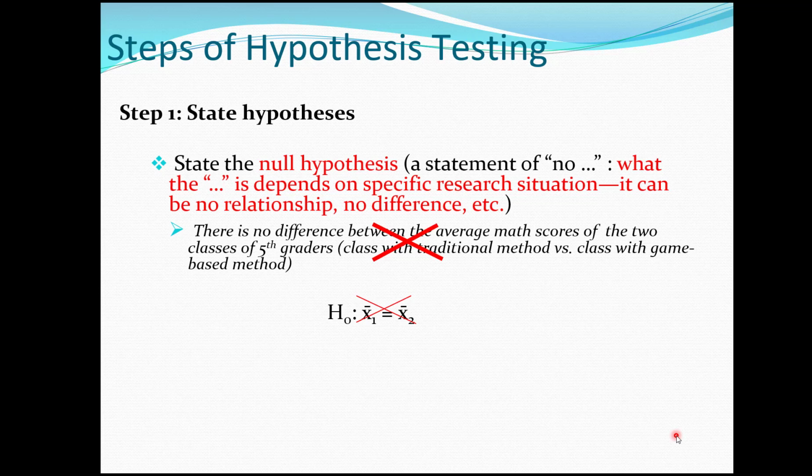It can be no relationship or no difference, etc. Let me use the research example I used earlier today about the 5th graders. It's very possible that when you state your null hypothesis for that research example, your null hypothesis might go like this. There is no difference between the average math score of the 2 classes of 5th graders, that is, the class taught with traditional methods and the class with the game-based method.